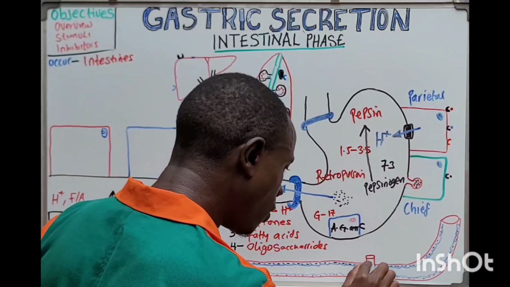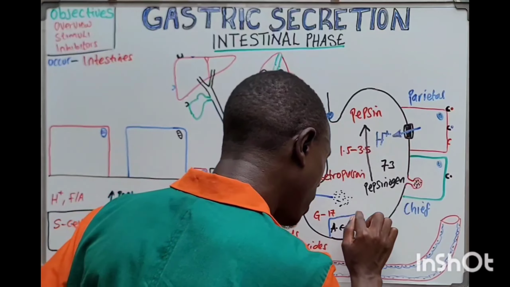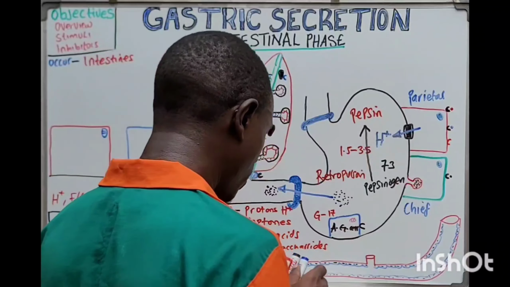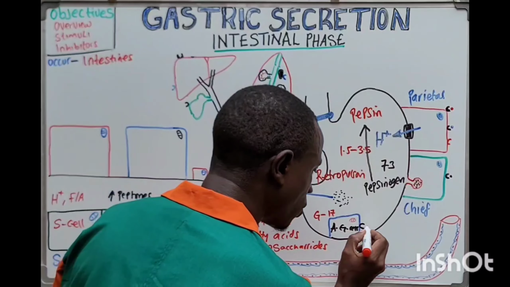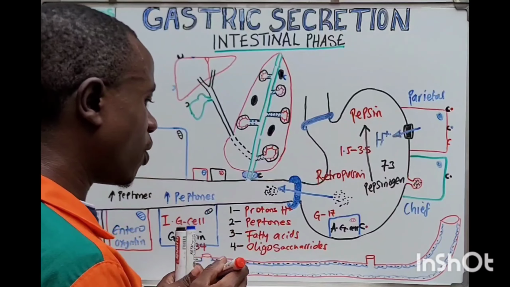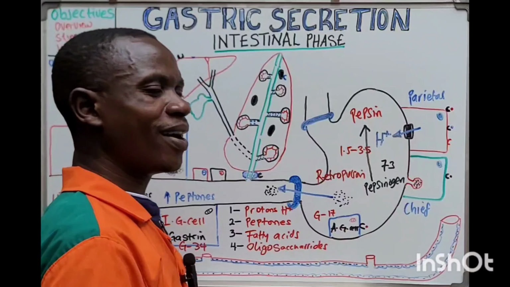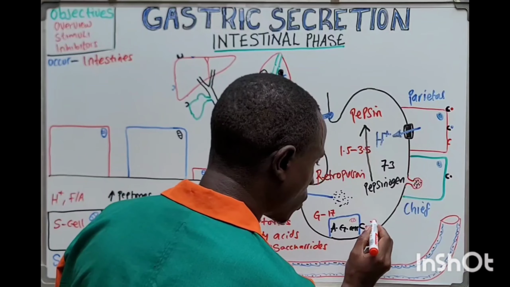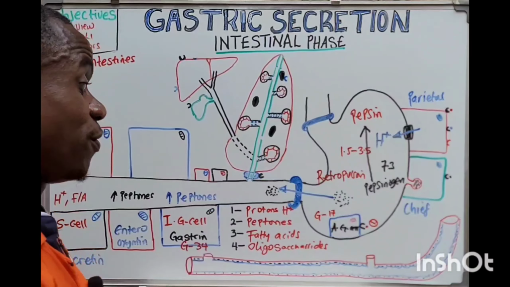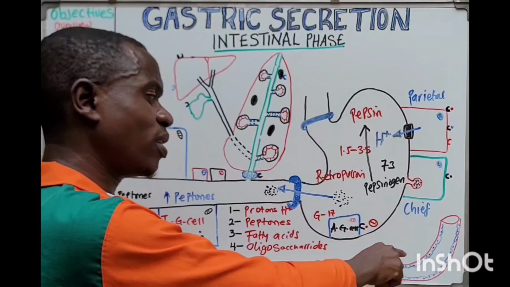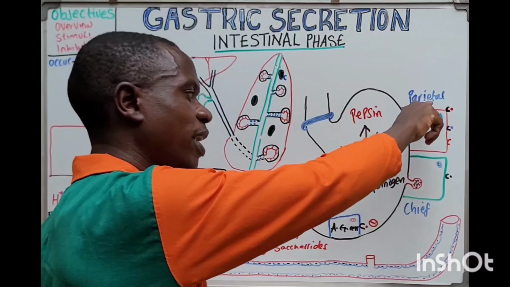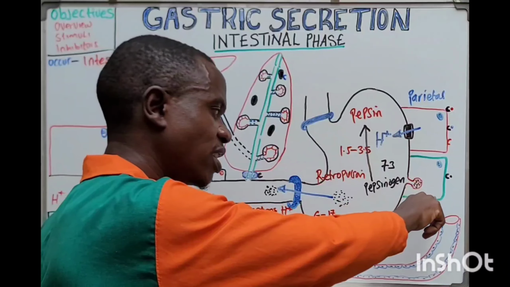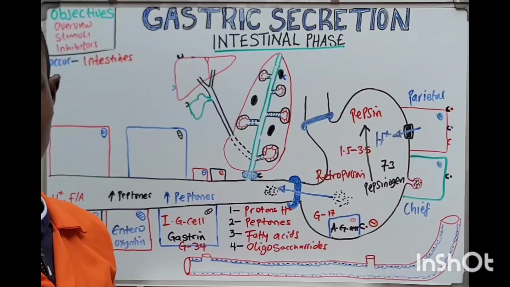It is going to come over here and then it comes on the antro-G cell. It has specific receptors on this antro-G cell. It will come over on this antro-G cell and inhibit it from producing gastrin. And if you reduce gastrin, that means you're going to be reducing the stimulation of the parietal cell and the stimulation of the chief cell from producing the gastric contents.